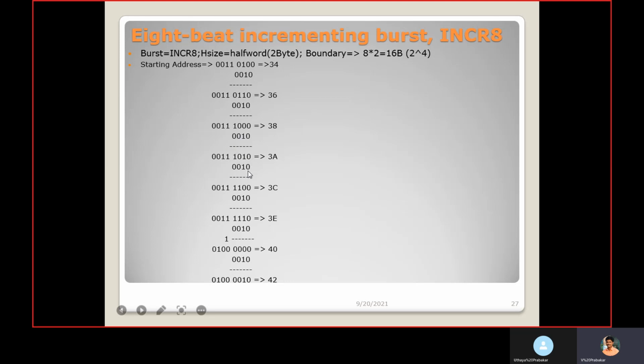Again adding 2, we get 3A. Again adding 2, 3C. Again adding 2, this is 3E.